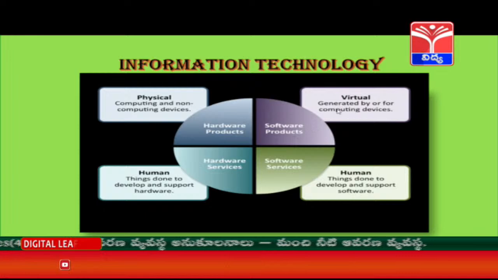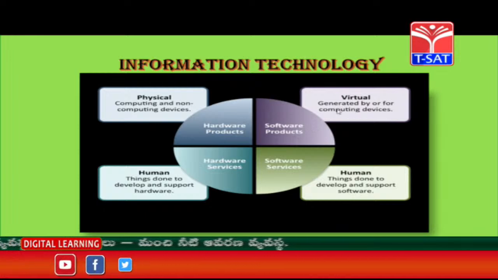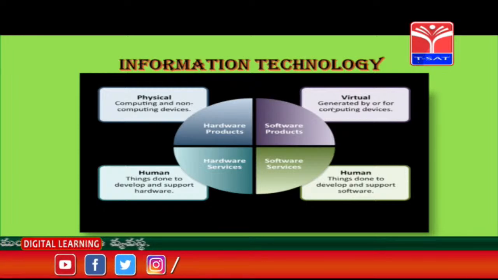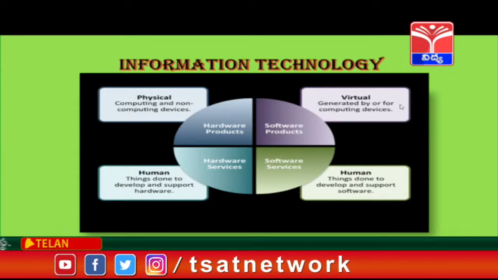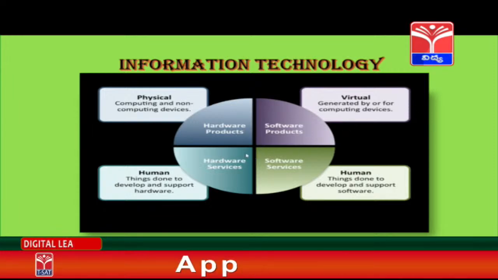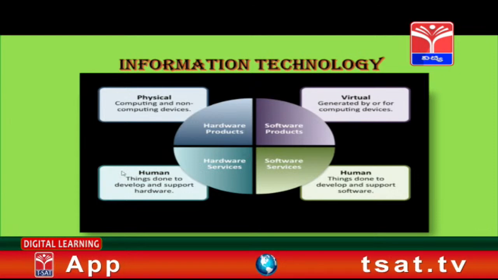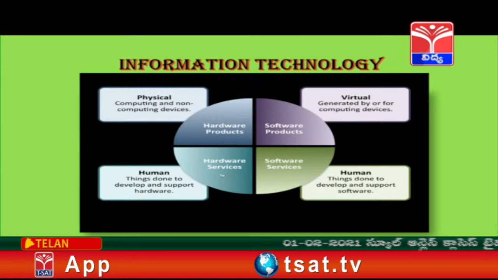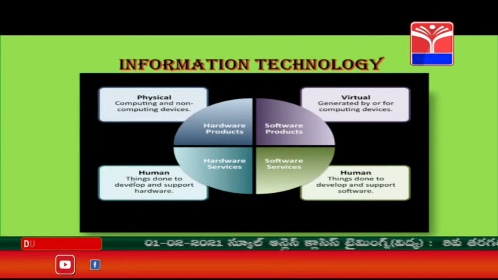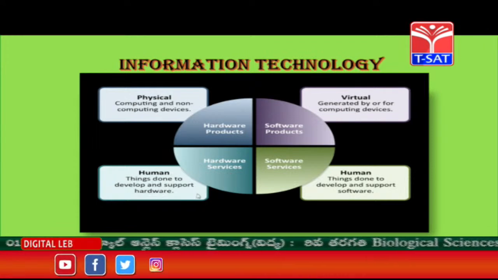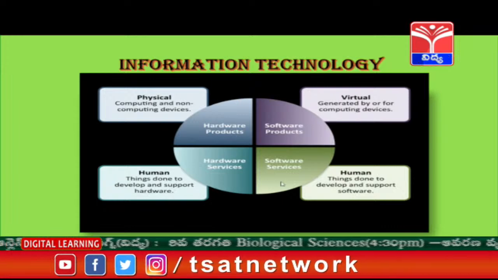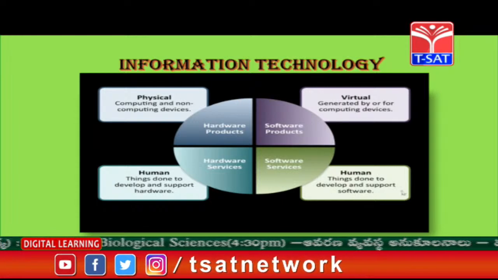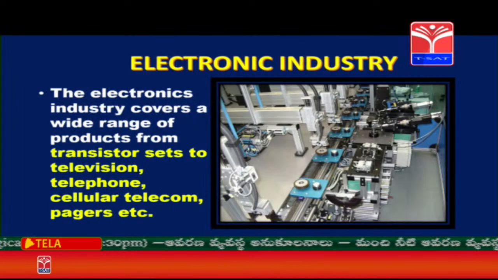Software products are virtual, which cannot be touched, which are not physical. These are generated by or for computing devices. Then what are the services? Hardware services and software services. Hardware services are given by human beings, things done to develop and support hardware, and software services are things done to develop and support software.